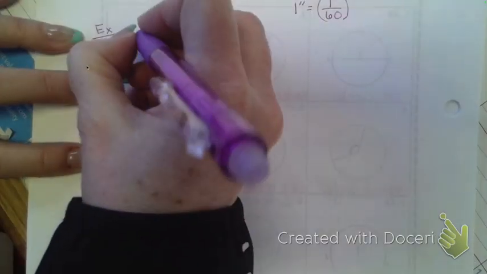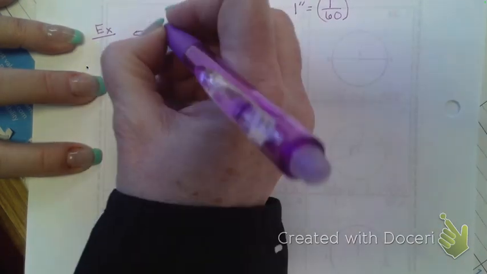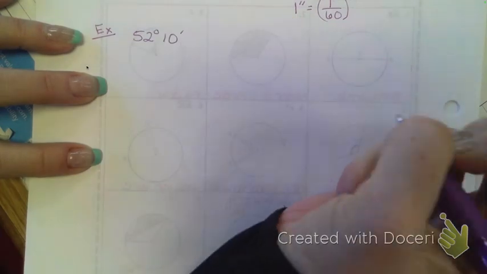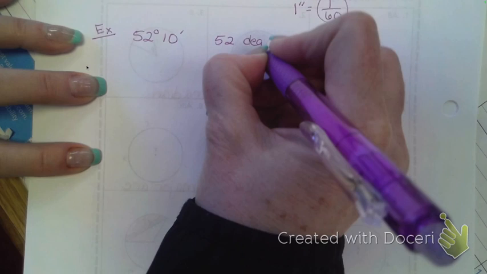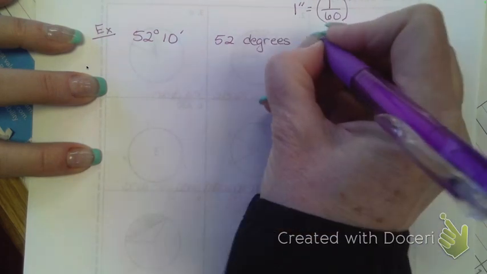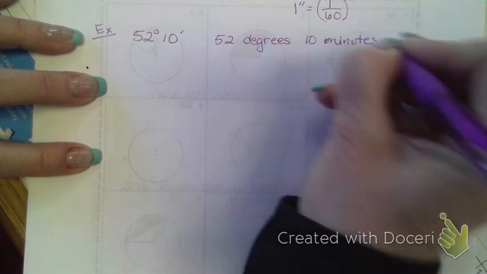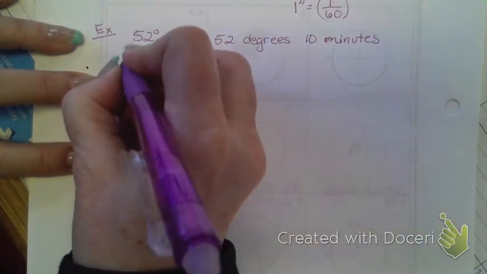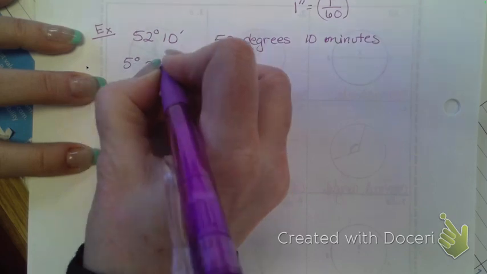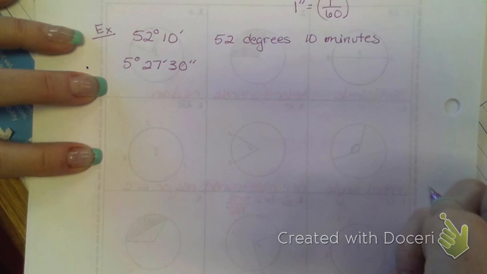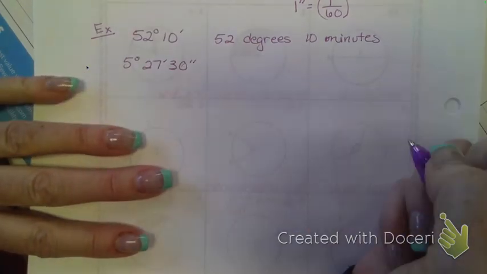So some examples of how this would go. We have 52 degrees, 10 minutes. And that's how we'd say it. We'd say 52 degrees, 10 minutes. How would you say that? 5 degrees, 27 minutes, and 30 seconds.